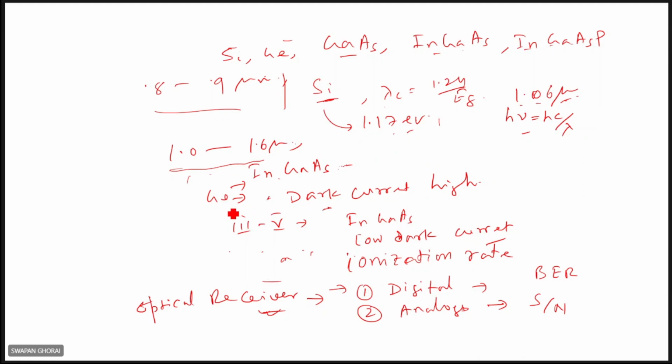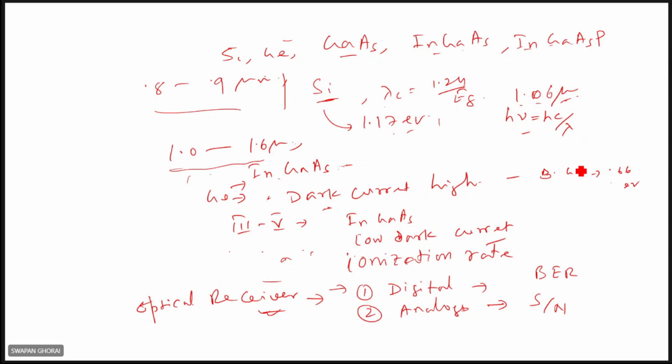But there are certain drawbacks of the germanium photodetector. Here, dark current is very high because of its smaller band gap. The band gap of germanium is generally 0.66 to 0.81 eV. Because of the smaller band gap, electrons can easily transfer from the valence band to the conduction band.